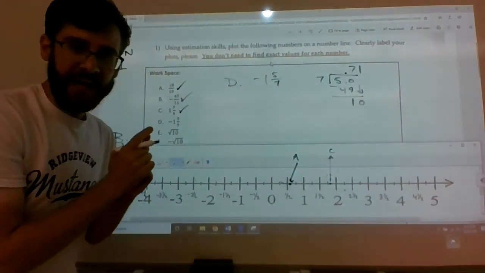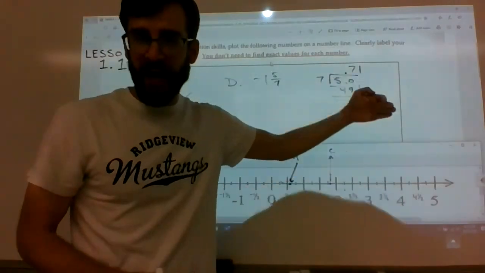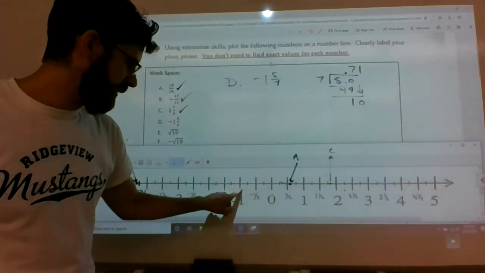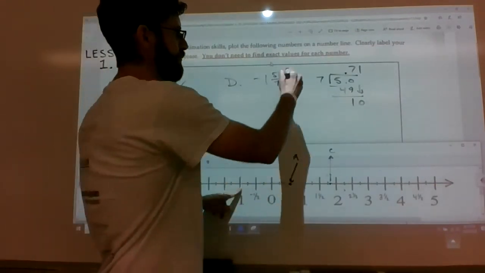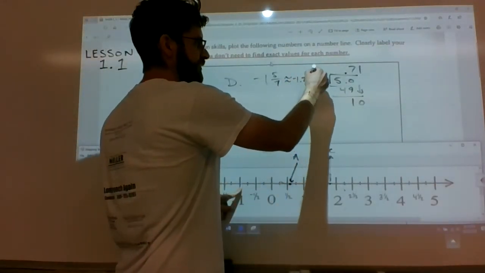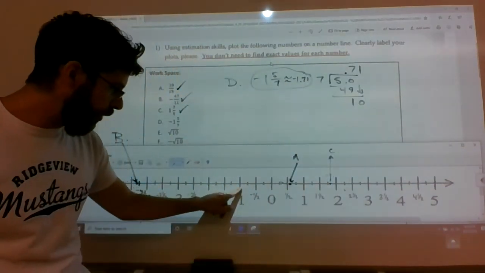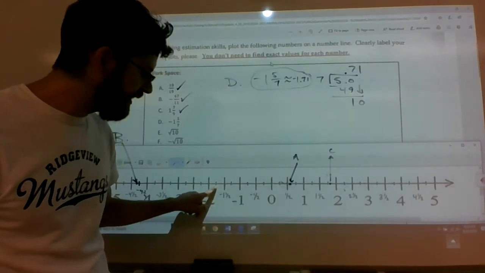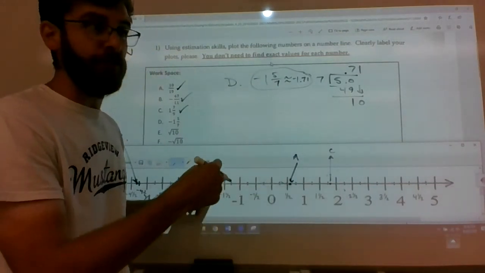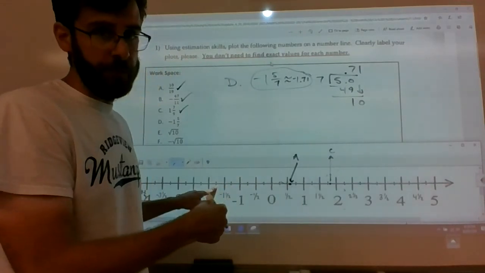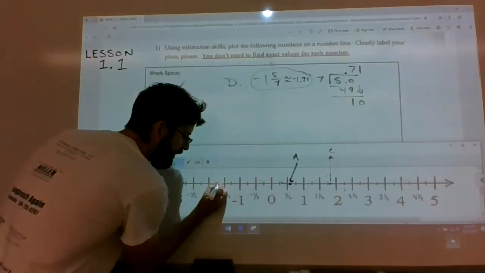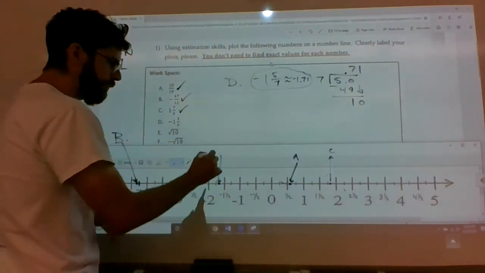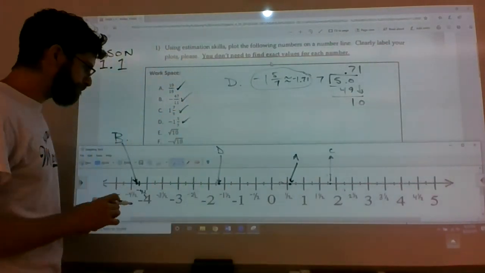Bingo, it tells us exactly how to compare it to 0.75, the closest tick mark. So it's negative 1.71, approximately. So I'm going to go all the way to negative 1.75, which is like negative 1 3/4, and say it's not quite there. It's negative 1.71, not negative 1.75. So it's going to go to the right of that tick mark. And we'll put a little d here to designate that.